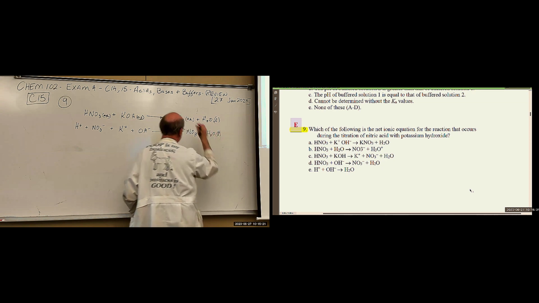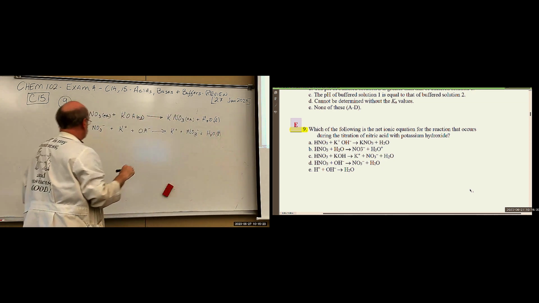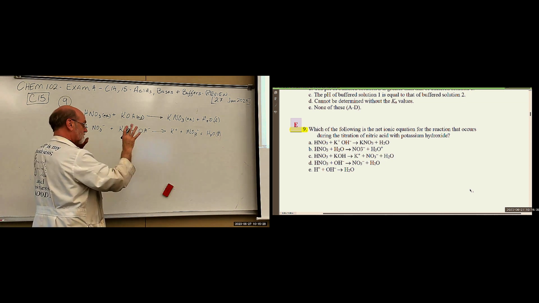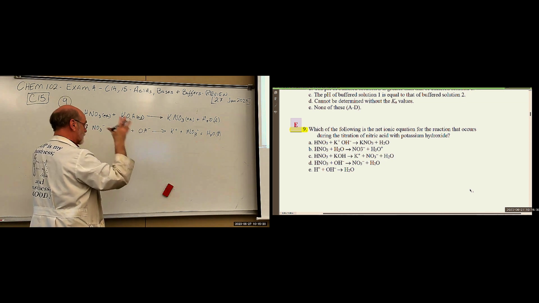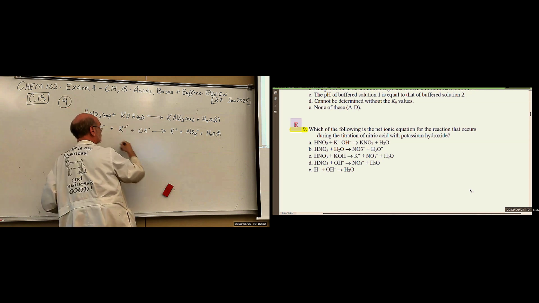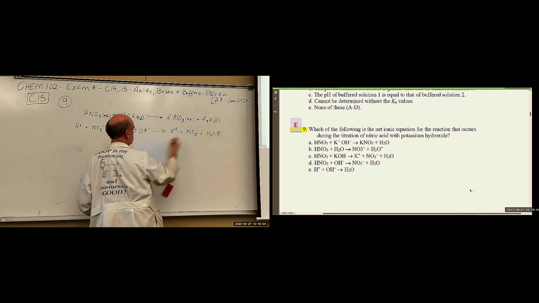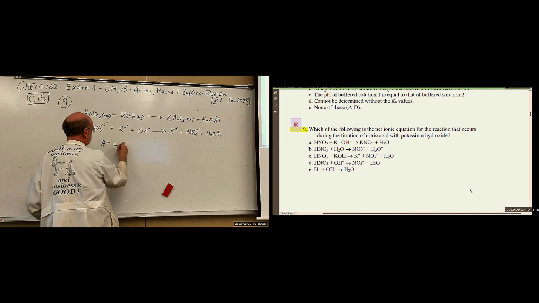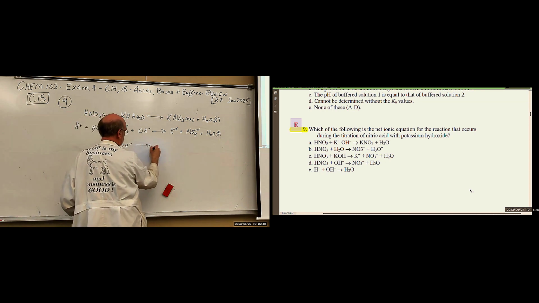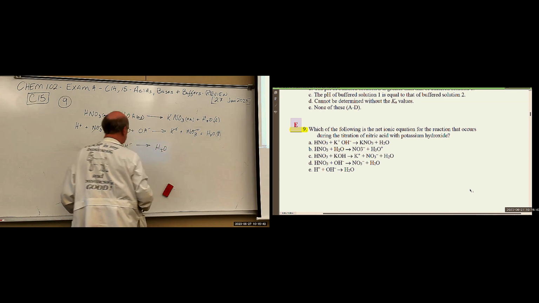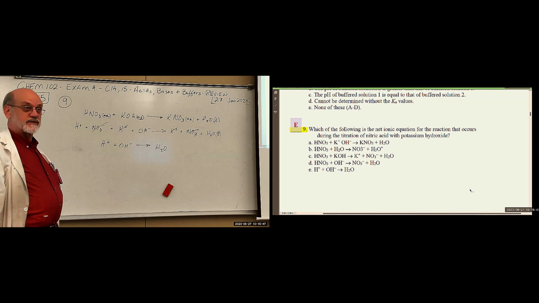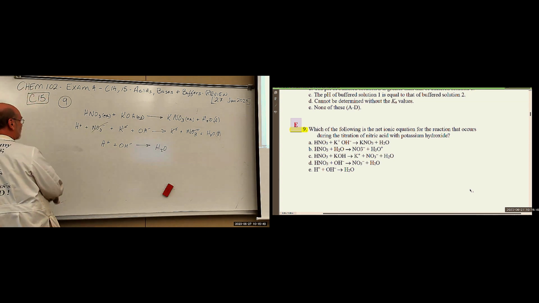It's still liquid. So the net ionic equation will simply take the ions from both sides. If they're the same on both sides, they cancel. Potassium and nitrate cancel. What's left? Right, that's the net ionic equation for an acid-base reaction. E.